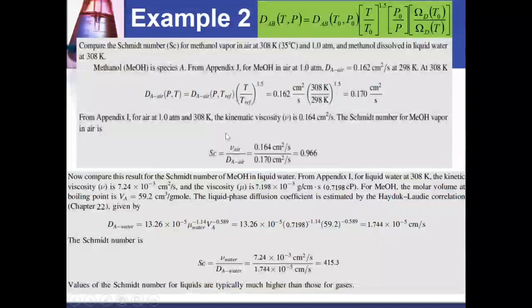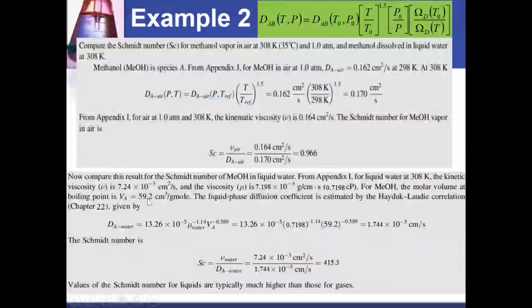You divide the kinematic viscosity over DAB, and it will be 0.966. So this is the Schmidt number. The Schmidt number for methanol in air at this temperature and pressure is 0.966. For the Schmidt number for methanol in liquid water, we have to find the diffusion coefficient of methanol in water.